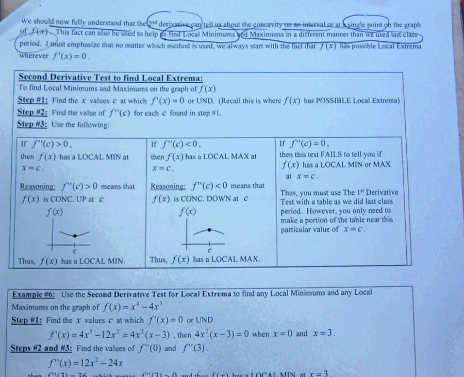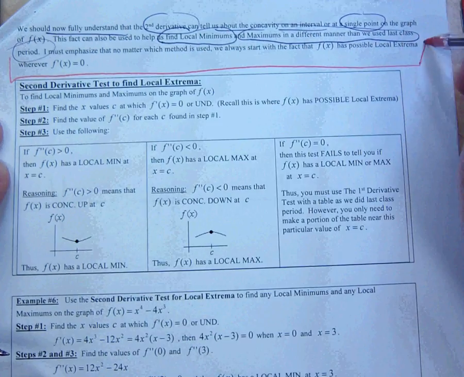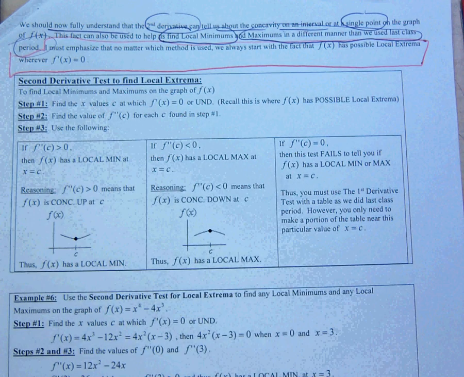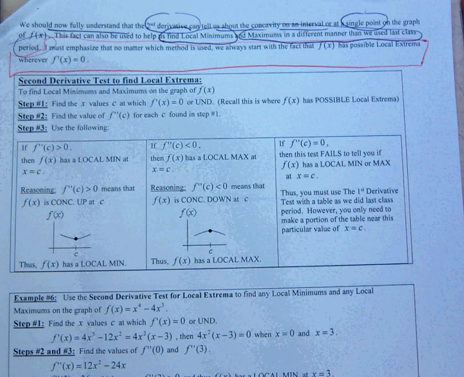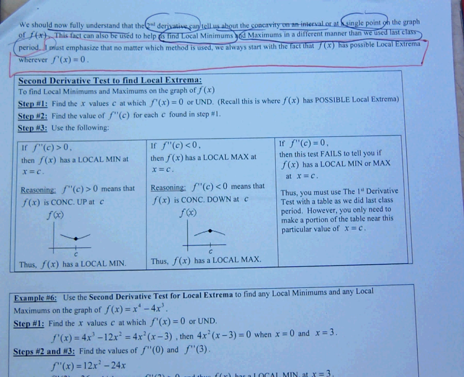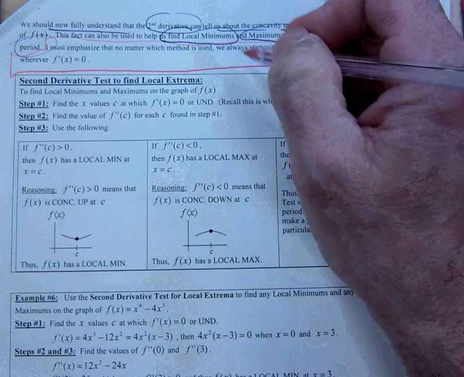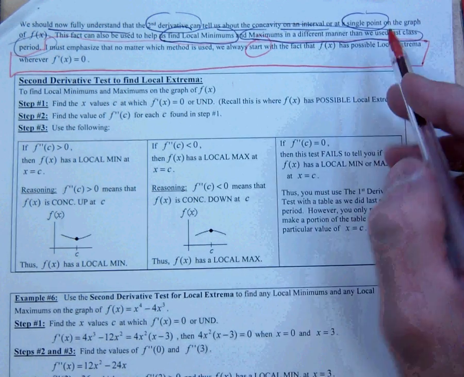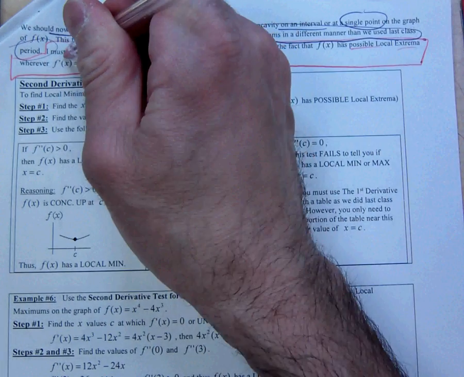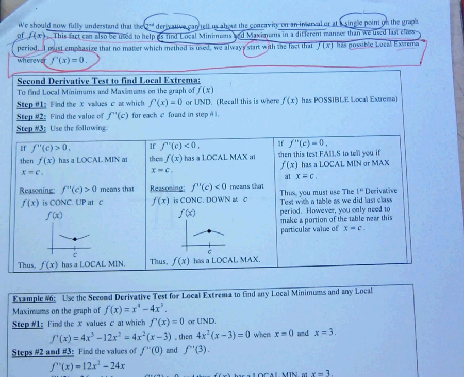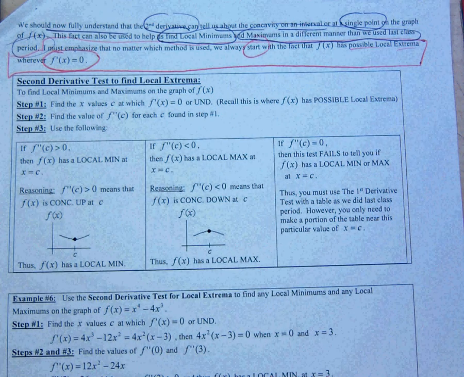This is the key to not getting confused: no matter what method I'm using, last time's method or what I'm about to show you, if we're talking about where f has local mins and maxes, or relative mins and maxes, which are your hills and valleys, you always start with what? The fact that f can have a possible local min or max whenever f prime is 0 or undefined. Is that clear? You've got to get that straight first. Okay, so now watch what happens.